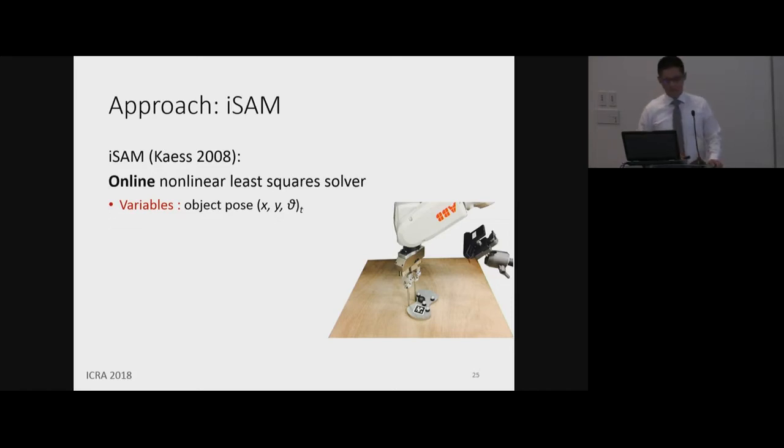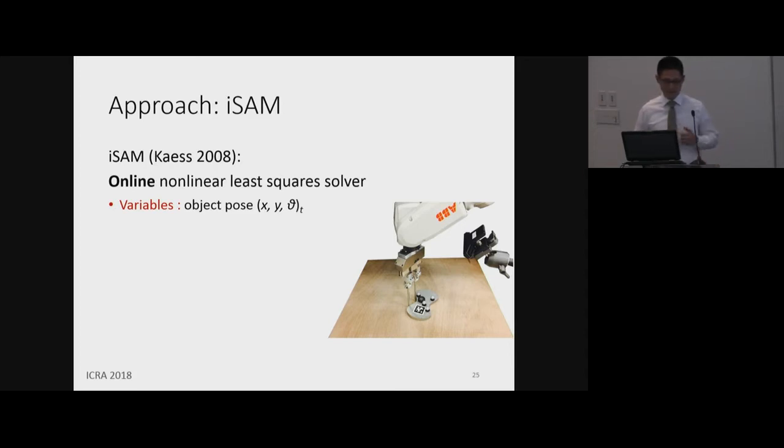And our approach is using iSAM. iSAM stands for incremental smoothing and mapping. It comes from the SLAM community, but at the core, it is an online nonlinear least squares solver. Online means that during testing time, we can add variables and constraints, and it will give out the answer pretty quickly.